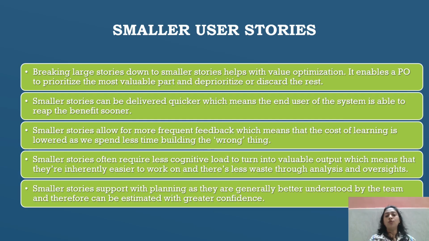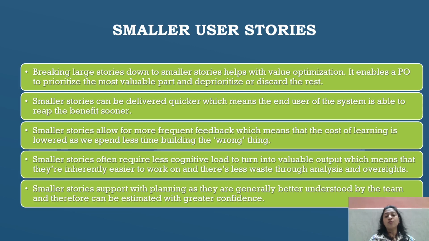Breaking stories down into smaller stories helps with value optimization. It enables the PO to prioritize the most valuable parts and deprioritize and discard the rest as well. Smaller stories can be delivered quicker, which means the end user of the system is able to reap the benefits sooner. Okay.